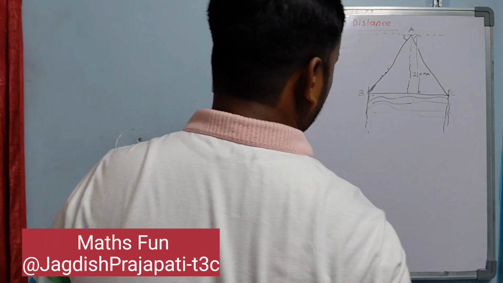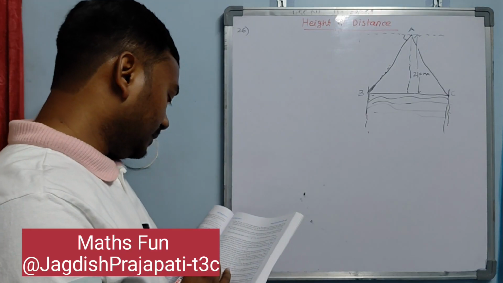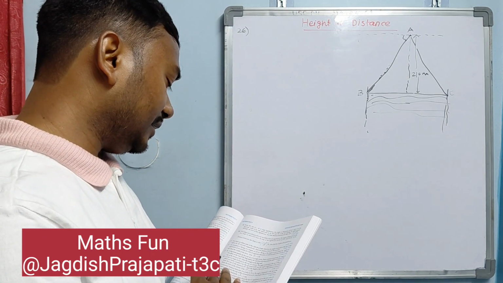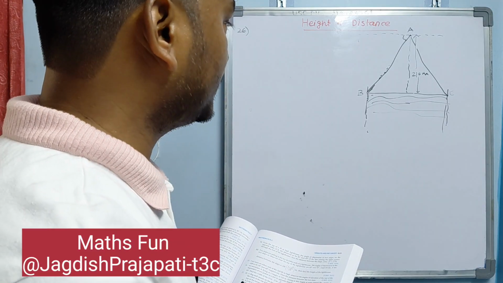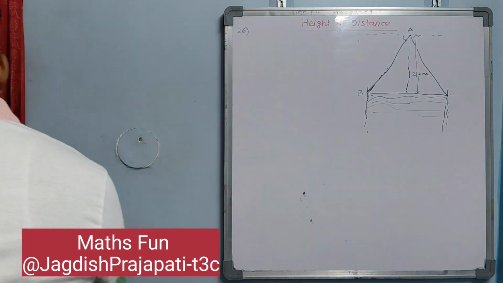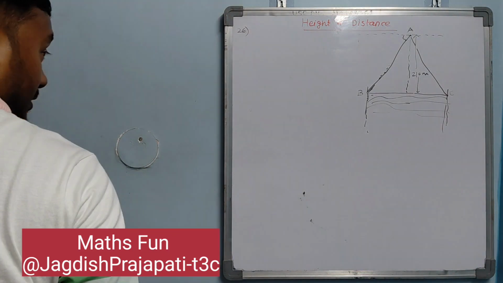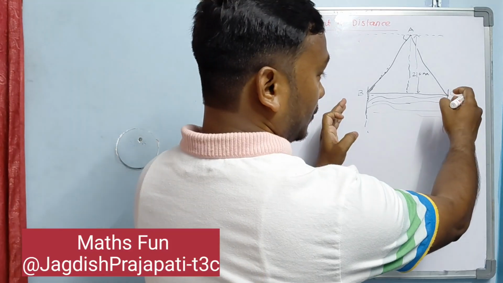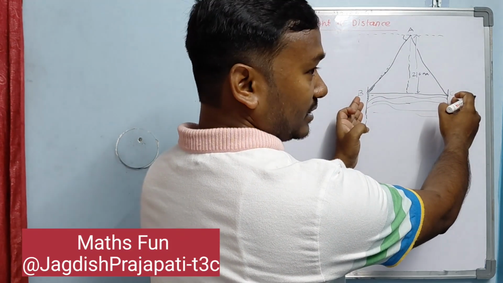Now the problem is: find the width of the river and use under root 3 equal to 1.73. So we have to find out the width of the river. We assume that this is the river and this is one bank and this is the opposite bank of the river.